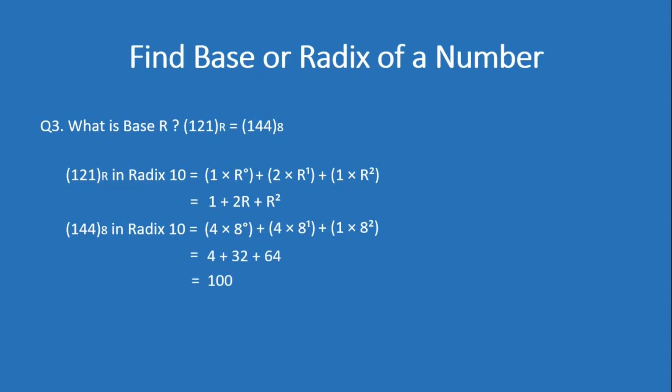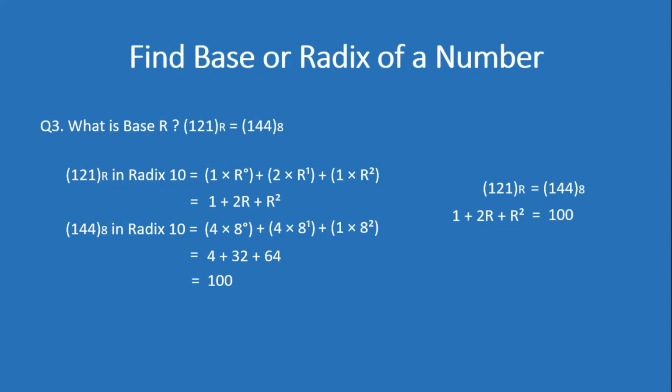Now we have to put those values in the relation and calculate the value of base r. So 121 base r in radix 10 is 1 plus 2r plus r square, that is equal to 144 in base 8, equal to 100.